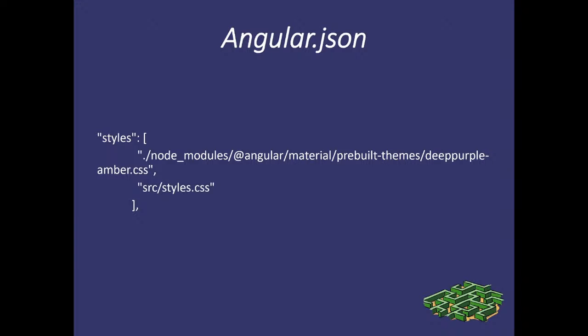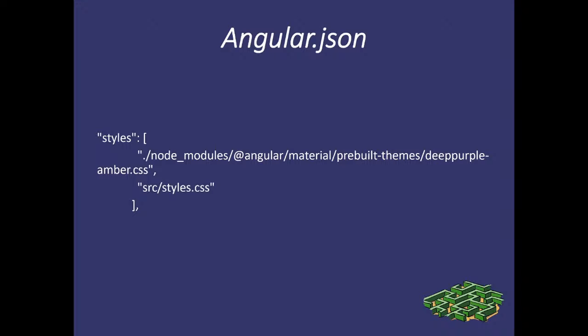So another cool thing about Angular is you can have a list of more than one style sheet that's automatically applied. And that's how the theming is used. This first part here says styles, node modules, Angular material, pre-built themes, deep purple, amber.